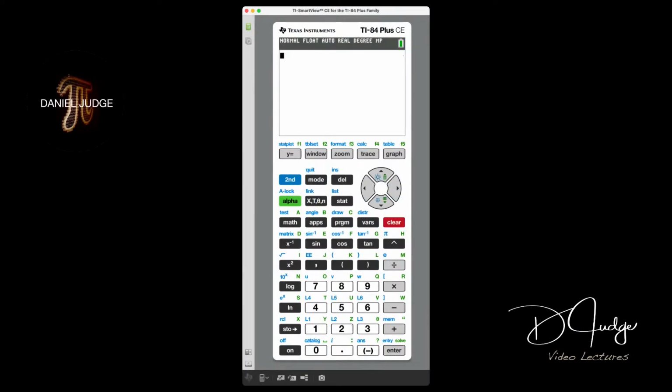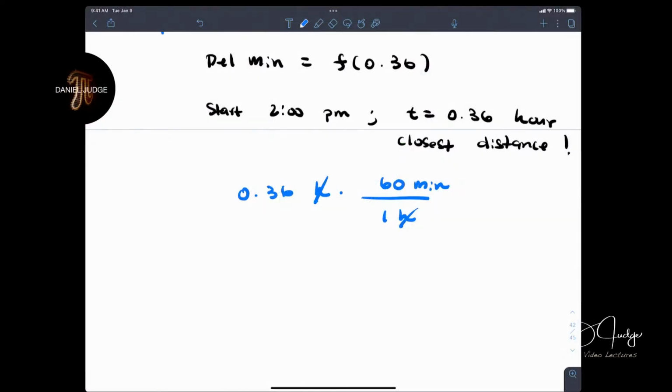So as a time value now, 0.36 times 60 gives you 21.6 minutes, ladies and gentlemen. Okay. So this is 21.6 minutes.